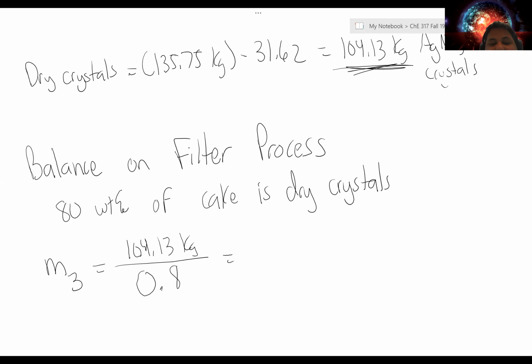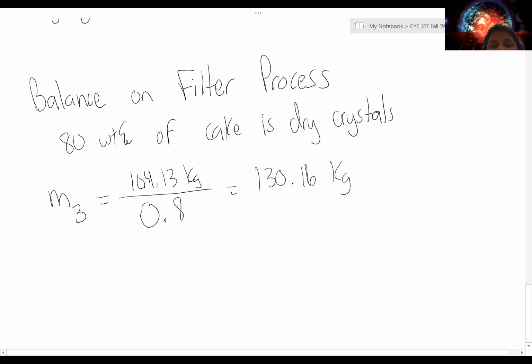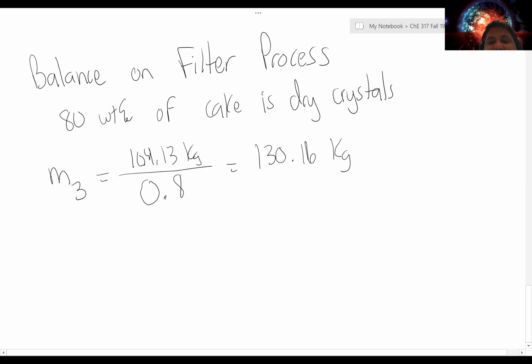So the mass of the total cake is about 130.16 kilograms. And that tells me that 130.16 minus 104.13 is the amount of saturated solution in the cake. So saturated solution.